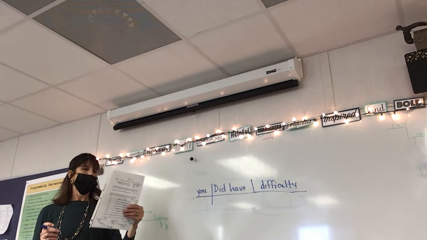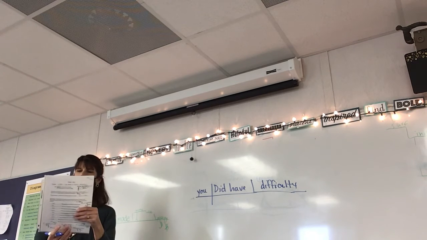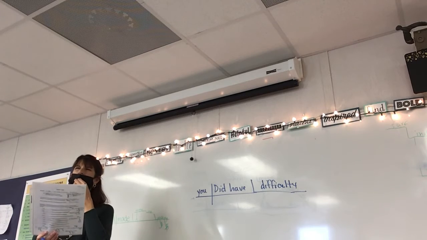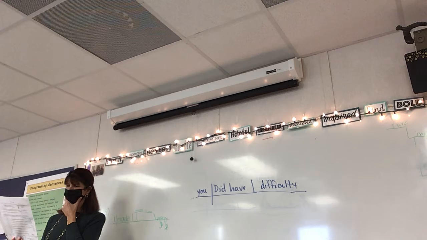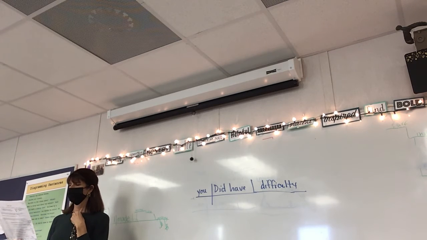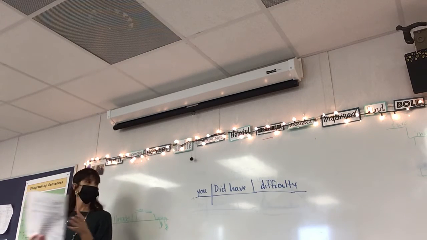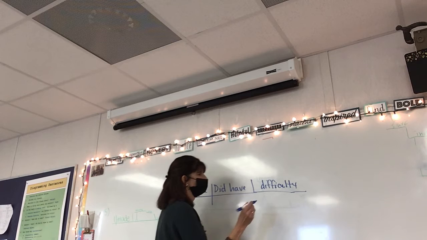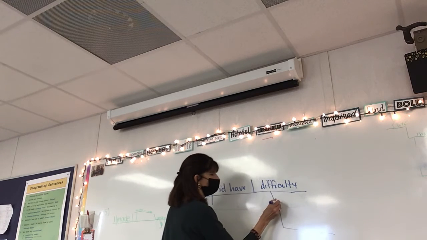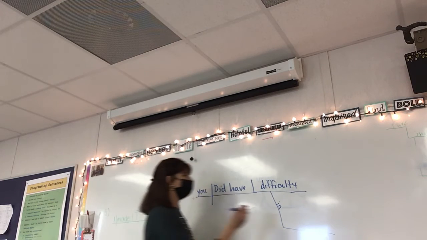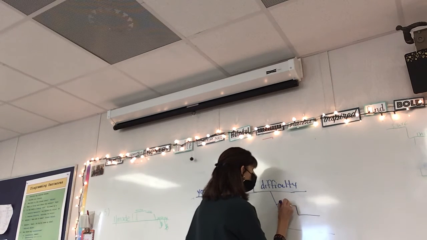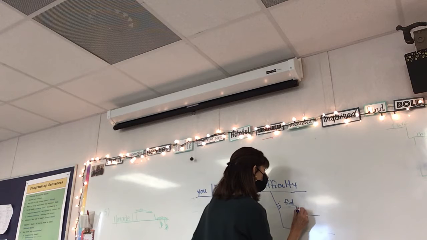Okay, so you did have difficulty. So in finding the way, where do you think that would belong? What is it modifying, Caleb? Difficulty. It's telling us what kind of difficulty. Difficulty in finding the way. So here's what we do. In goes like a regular slant line for preposition, but we have to put our gerund on stilts.